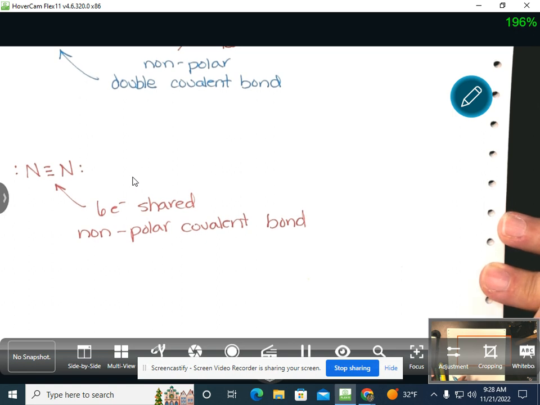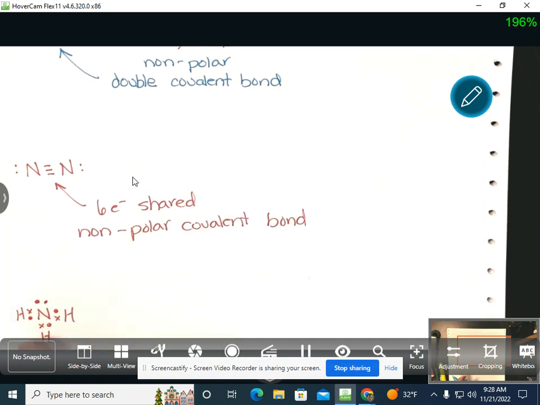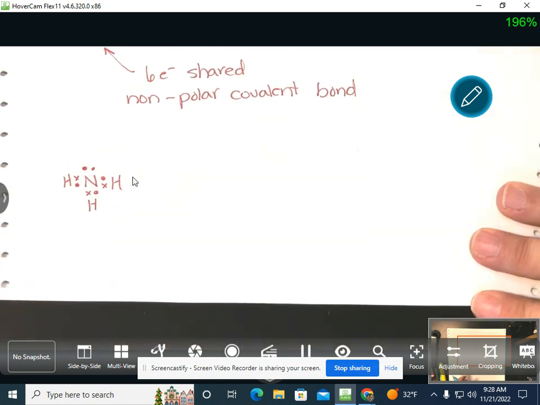Okay. Then we did NH3. What does it look like? It is trigonal. Did we talk about whether it's trigonal pyramid or trigonal planar? Do you want to take a guess which one this one's going to be? It is the pyramid.